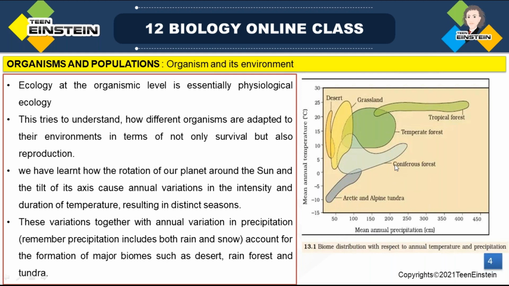That will be the question. So how can you find out? You should know in each biome what the temperature range and the annual precipitation are. Hope you have learned all these things, but we have to learn them for this chapter's ecology questions. To answer this kind of question from the ecology portion, you should have an idea about the mean annual temperature and mean annual precipitation ranges in all these biomes.